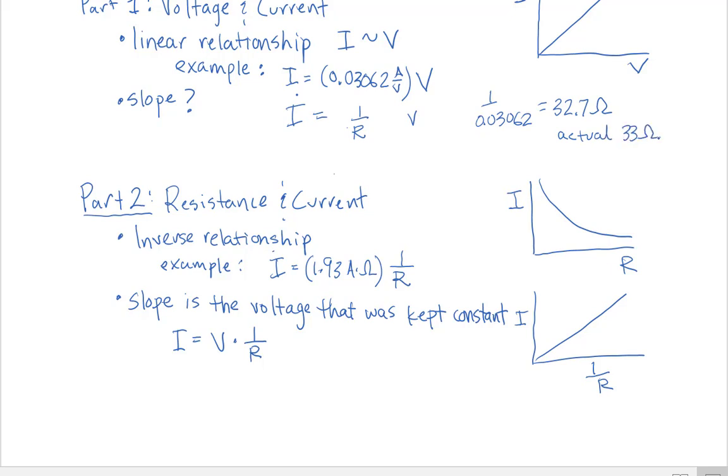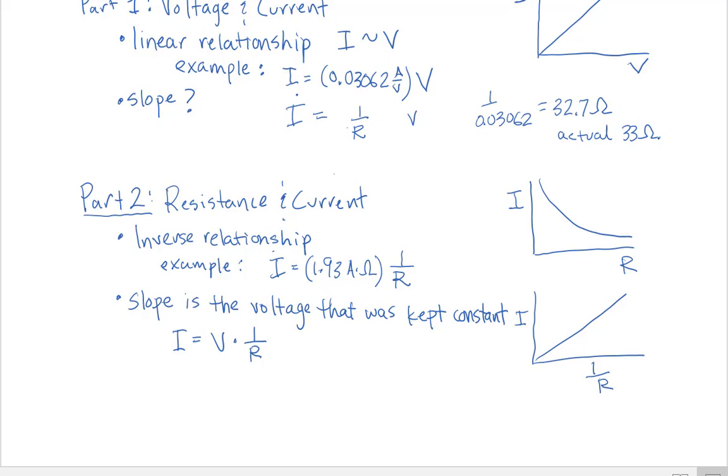So right there, we're seeing that, oh, that's the thing that we kept constant in part 1. In part 1, we kept the resistance constant, changed the voltage, and saw what it did to the current. And the slope is related to that value that we kept constant. And then in part 2, again, the slope is related to the value that we kept constant. In that case, it was the voltage.